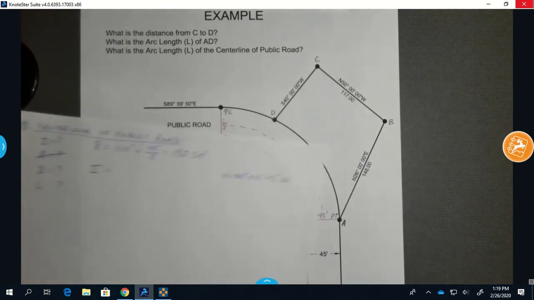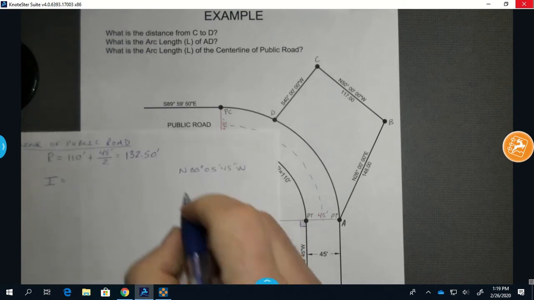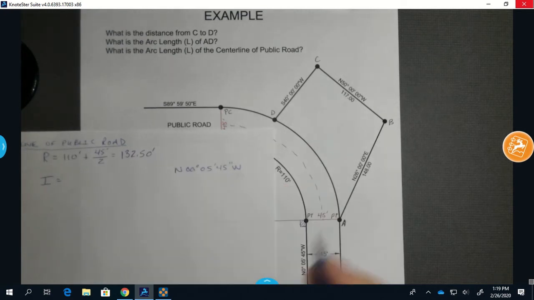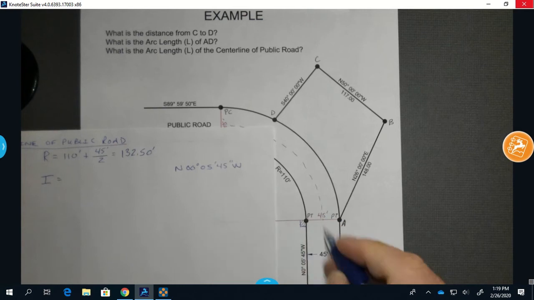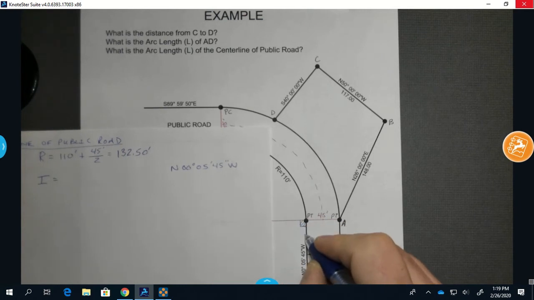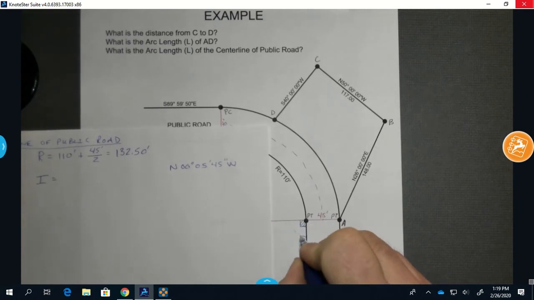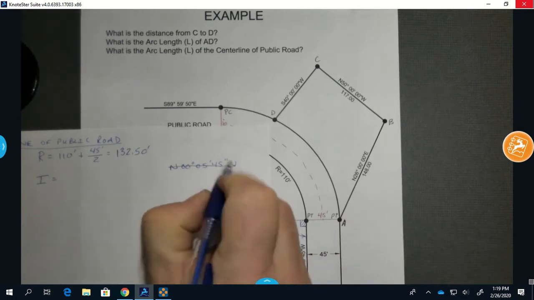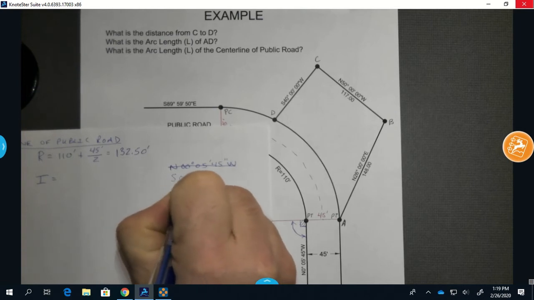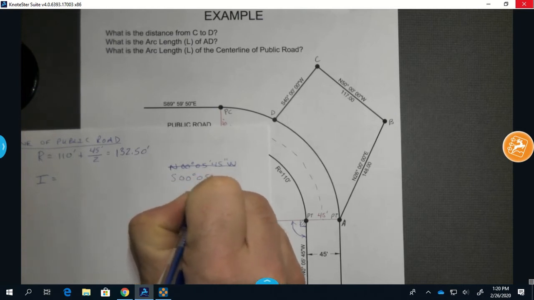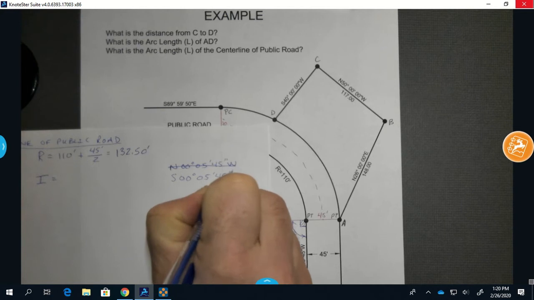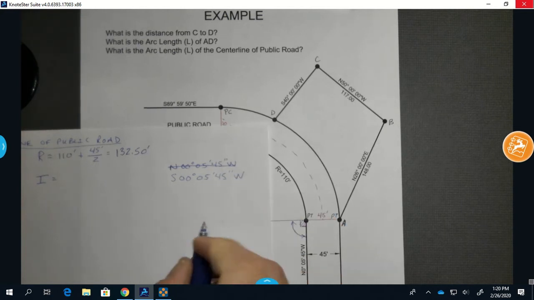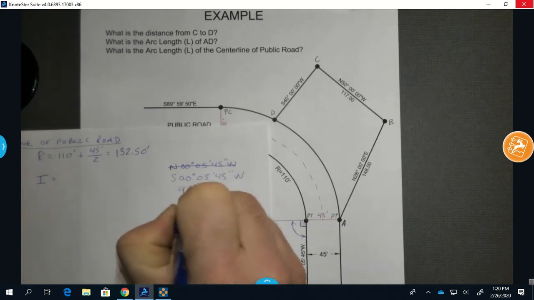Let's figure out what that is and add 90 degrees to it, or subtract 90 degrees. So what I'm going to do is take 90 degrees right here to figure out my bearing. Okay. So I actually have to turn that bearing to a southwest. South 0 degrees, 5 minutes, 45 seconds west. Okay, so I'm going to add 90 degrees to that.